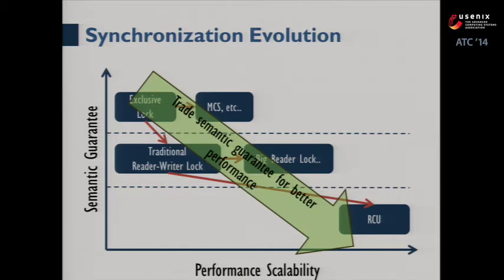For example, by allowing multiple readers to enter critical sections simultaneously, read-write locks achieve better scalability compared to exclusive locks. And by allowing readers to read stale state from writers, RCU removes the memory barrier and achieves orders of magnitude shorter reader overhead compared to read-write locks.